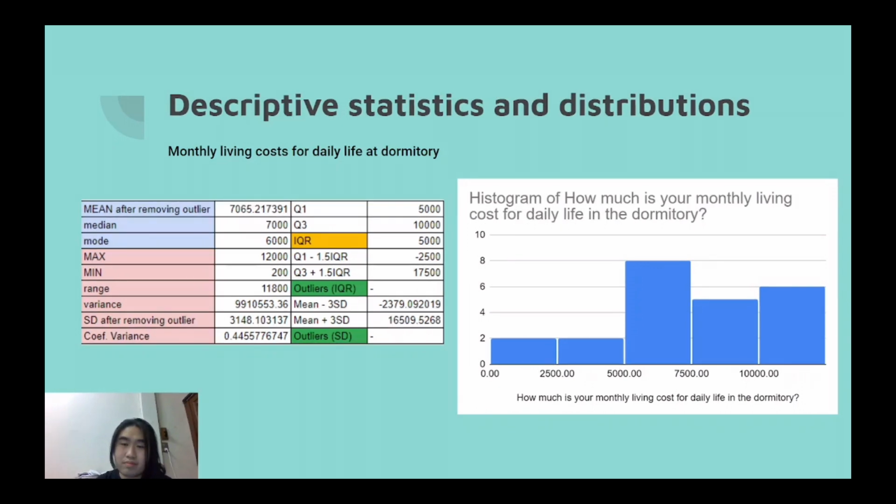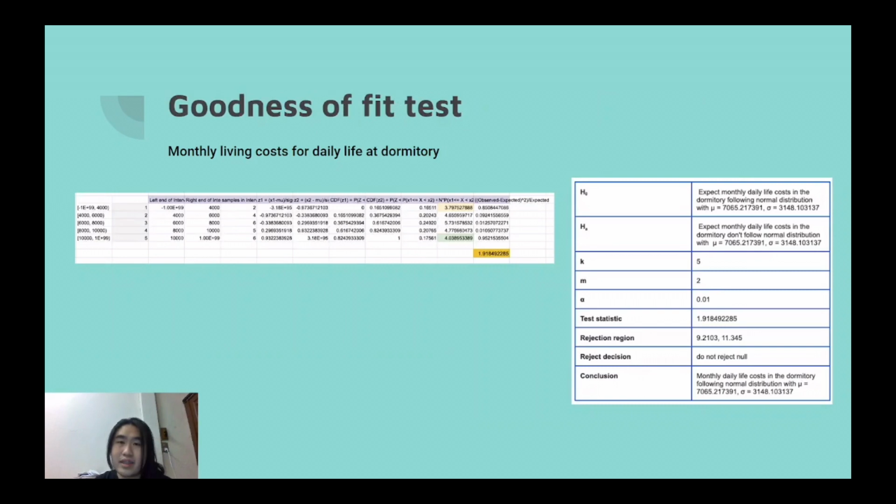and the standard deviation is 3148.103. Next is the goodness of fit test of monthly living costs for daily life at the dormitory. I selected this data because the histogram on the last slide shows it is a normal distribution, so I will prove it by setting the null hypothesis that monthly living costs for daily life follow a normal distribution with mu equal to 7065.217 and SD equal to 3148.103.